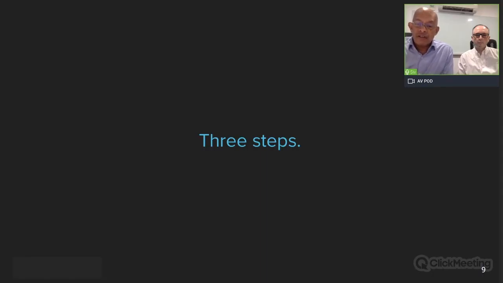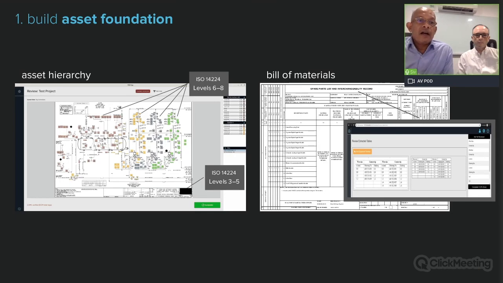So first thing, basic, you want to go and get at the data which is sitting in your EPC handover documents. So this is engineering drawings, equipment manuals, etc. And 2 primary objectives there.